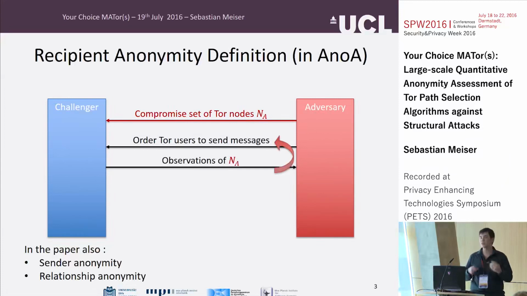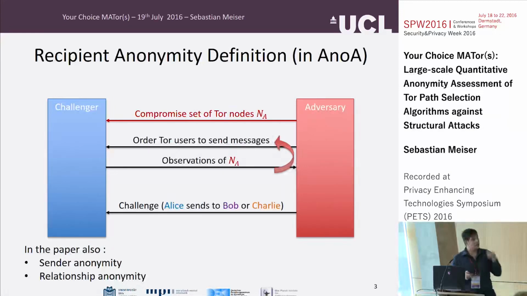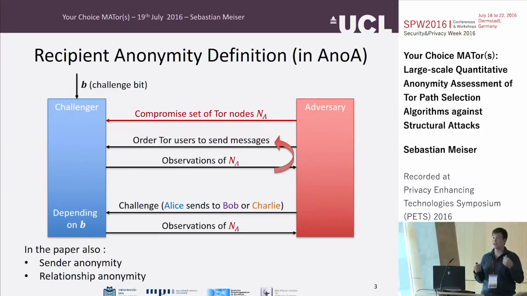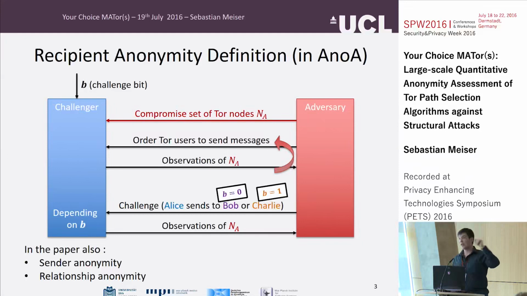At some point, it sends some challenge message. Now, that's where the relation to the crypto games comes into play, because the challenger actually has some challenge bit b that the adversary doesn't know. And depending on this challenge bit, the observations the adversary can potentially make are different, because if the bit is 0, then Bob actually sends a message. If it's 1, Charlie sends a message, right?